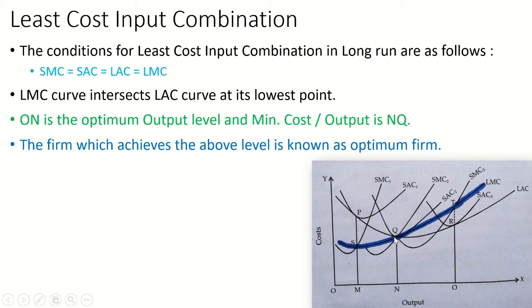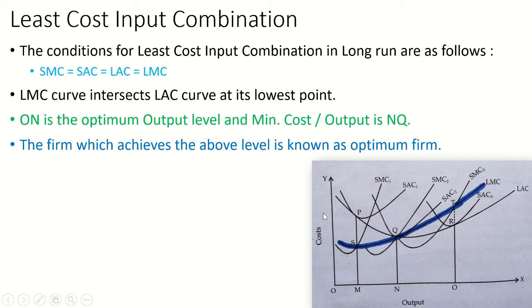Is it clear? The LMC curve and the LAC curve intersect at point Q, the lowest point, and for producing the optimum output ON, the cost will be NQ.